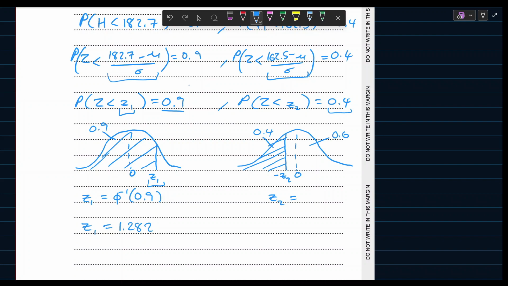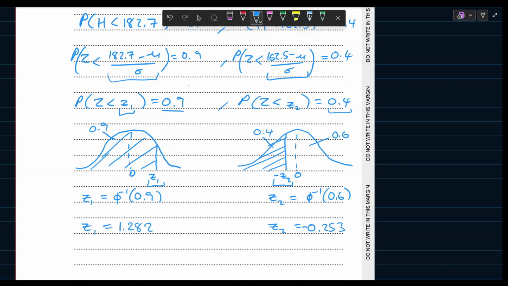Both these probabilities are tied to the same z value. So it means that if you say arc-phi of 0.6, you should get the correct z value. And the z value that you get is 0.253. But remember, from our diagram, we can tell that z2 must be negative, so add a negative sign here.